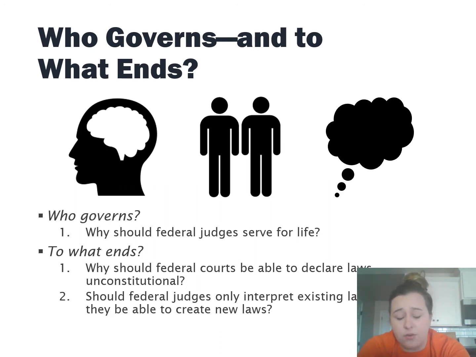One of the major reasons for this, and Hamilton will expand a little bit more on this, is that they really wanted the judiciary to be a non-political body. They wanted it to operate independently of the other two branches, and to do that, they needed to make sure that judges couldn't be taken over by the politics of the day.